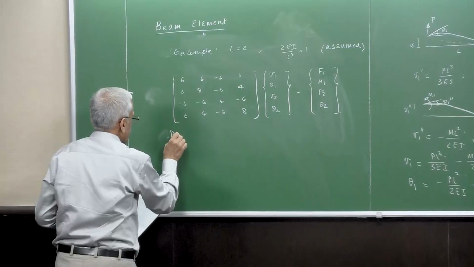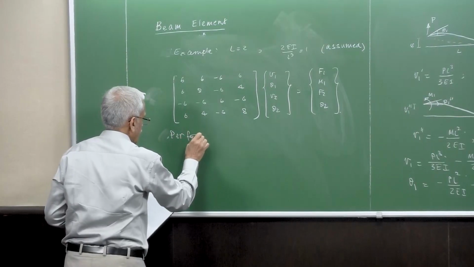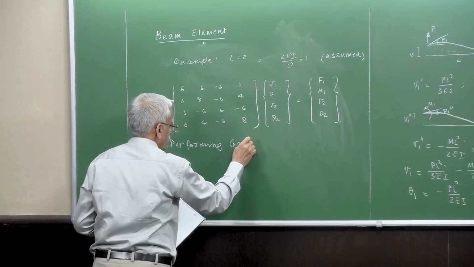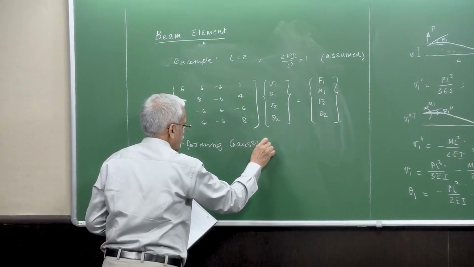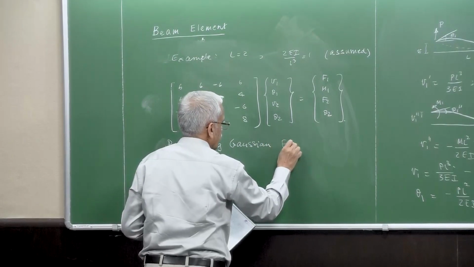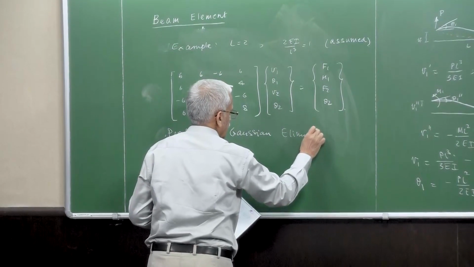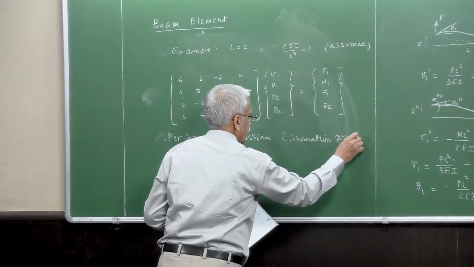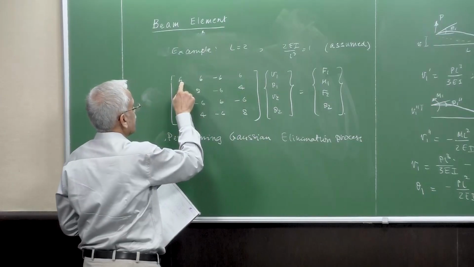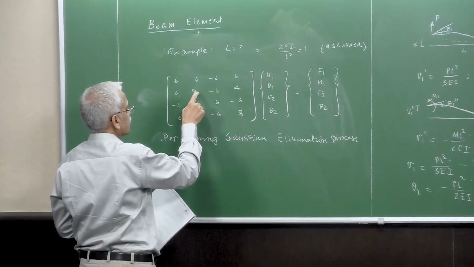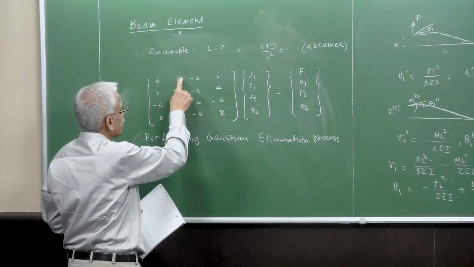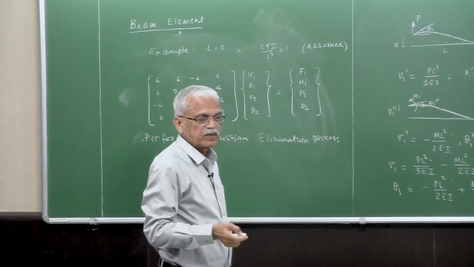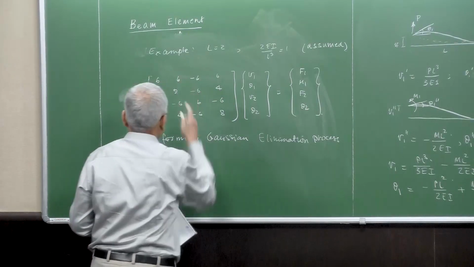Performing Gaussian elimination, you can make this one and then remove all these things. Similarly here you can take this one and eliminate all others by appropriately multiplying and making that 0.